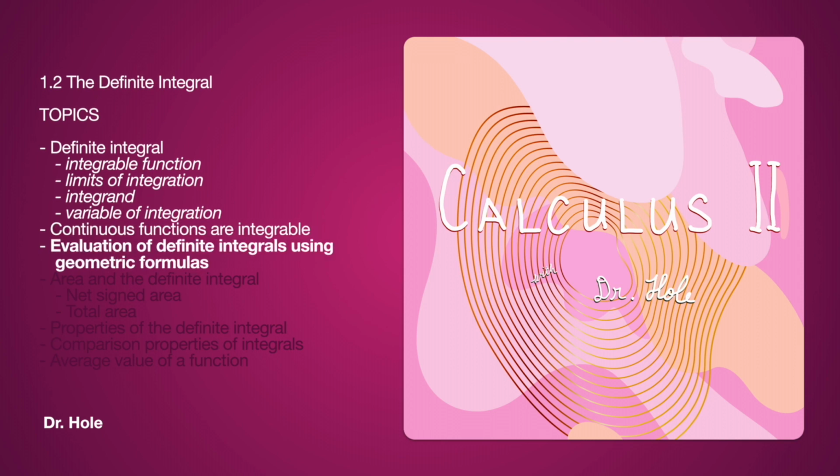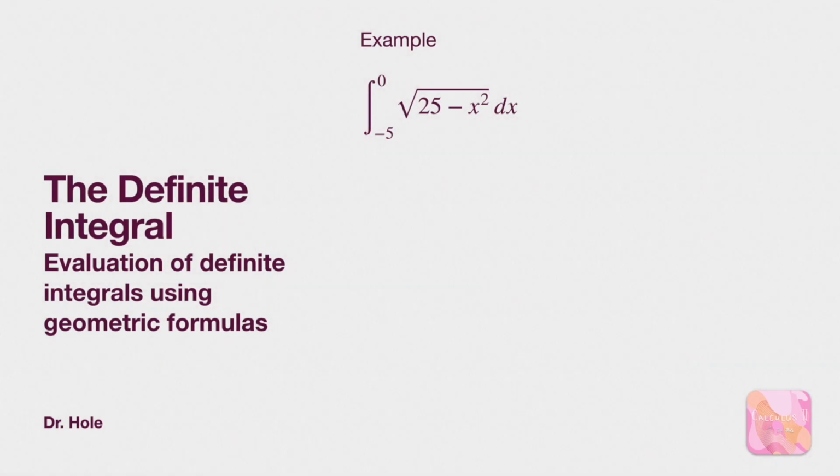Evaluating definite integrals using geometric formulas. So you want to think about rectangles, triangles. You know formulas for computing their areas. You also know how to compute the area of circles. And that's what we'll do next as an example.